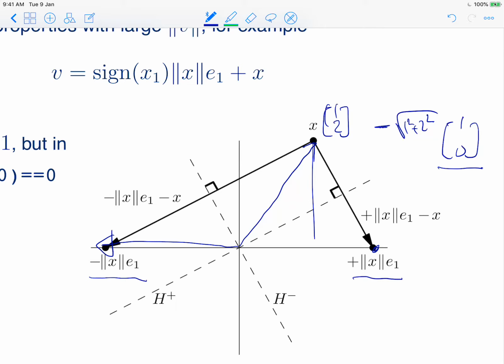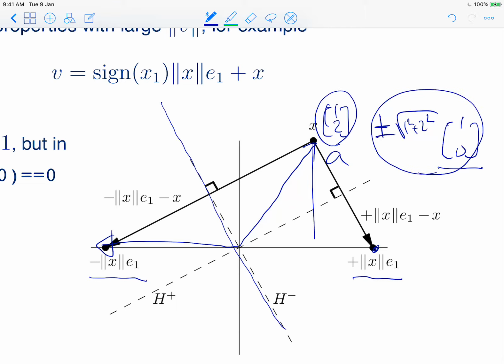Geometrically, we can also think of the reflection, where the hyperplane is defined in this form, not this one, right? So this is certainly possible. Say this is our A, and this is our B, for example.